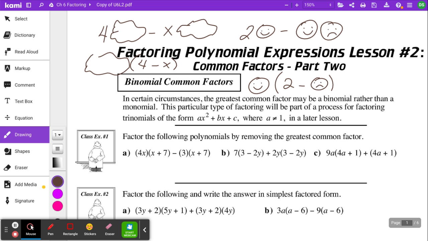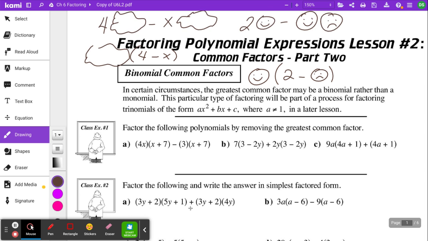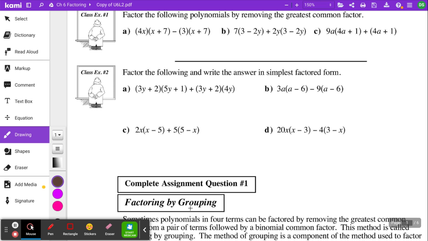All right. So take that. Go down here to here. Stay there. Okay, we have 4x bracket x plus 7. Then we have minus 3, and then we have bracket x plus 7. What's common?